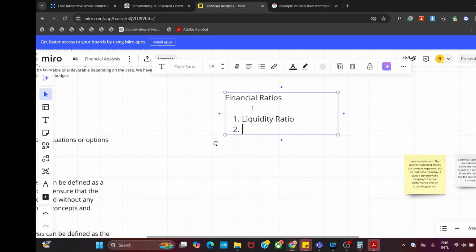We'll also be talking about the stability ratio. We'll also be talking about the solvency ratio.